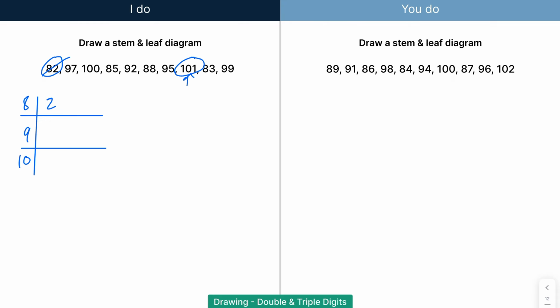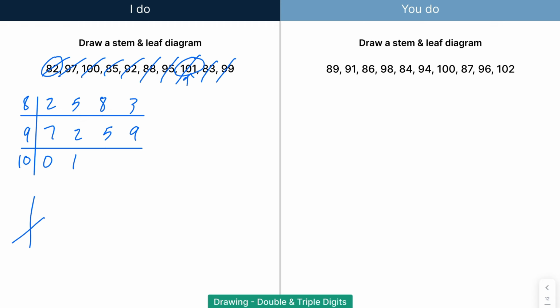So working through there, 97, 100, 85, 92, 88, 95, 101, 83, and we have 99. So we're just going to put this in order now. So I just put this in order.